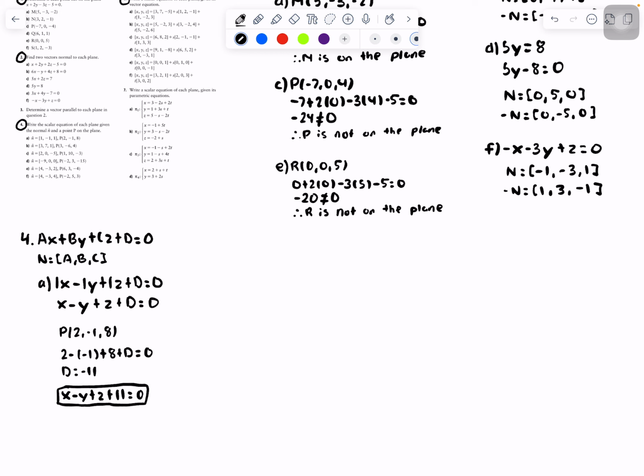Okay, d. The normal vector is -9, 0, 0. So that means the scalar equation looks like -9x plus 0y plus 0z, so we don't have to write anything there, equals 0.